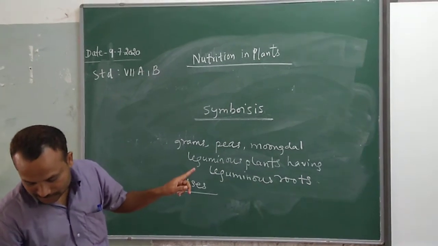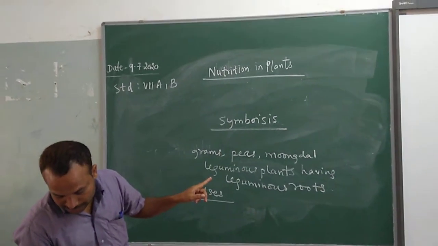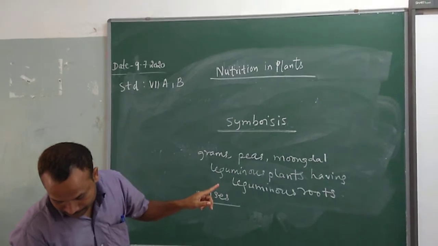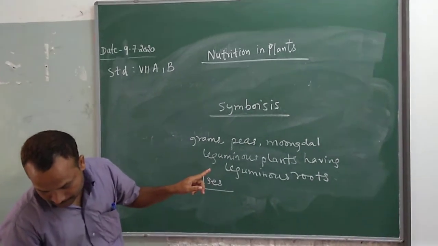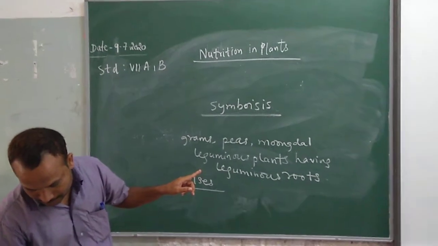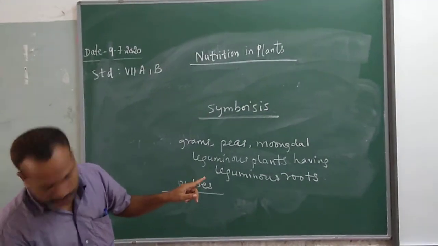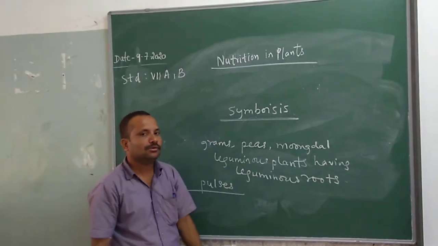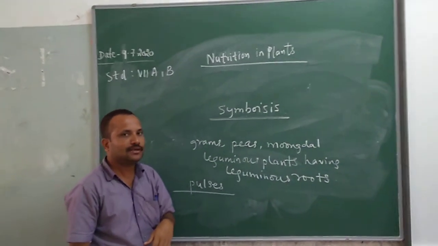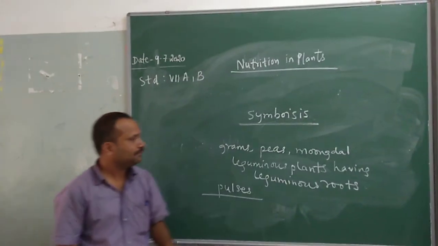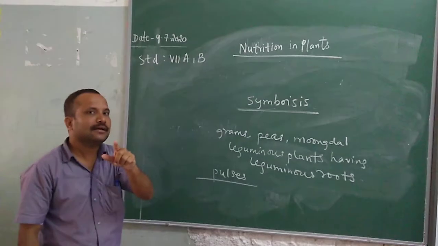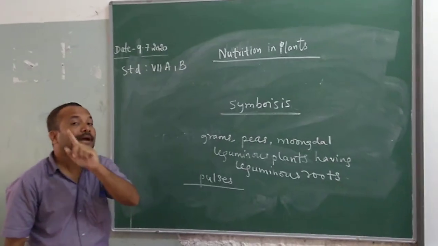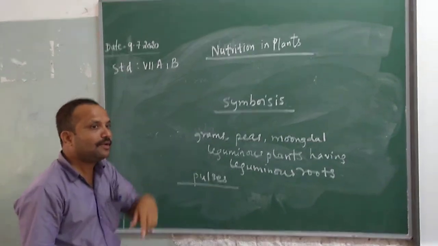Some examples are there, children. Grams are there, peas are there, moong dal are there. So these roots, the roots of these plants, have microorganisms.